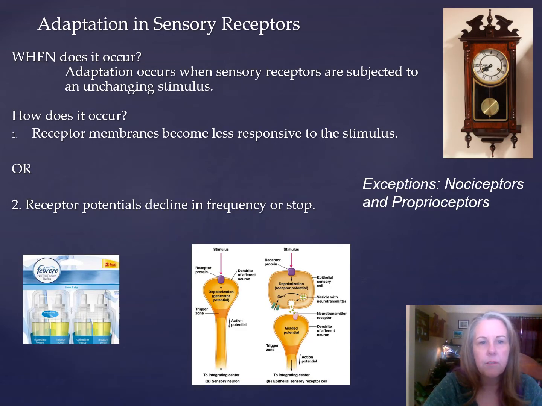Now we're going to talk about the phenomenon of adaptation in sensory receptors. So first of all, when does adaptation occur? Adaptation occurs when sensory receptors are subjected to an unchanging stimulus. So the key word there is unchanging.